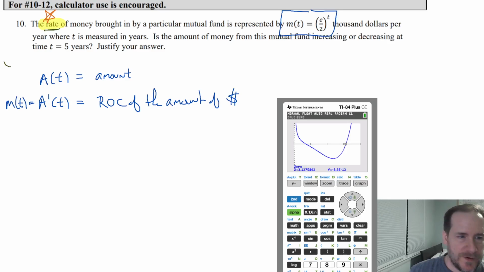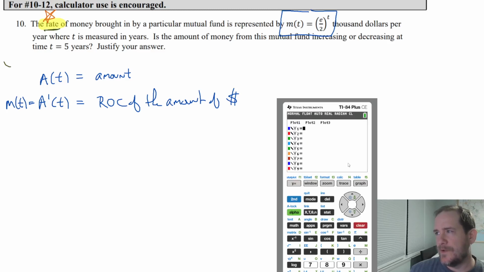So when we go to attack this problem, we'll still just bust out our calculator. We're not going to do it by hand. We'll go into y equals and we'll enter e. I guess you want to grab this e that's above the division sign because you don't want to be prompted for an exponent. We just want plain old e.